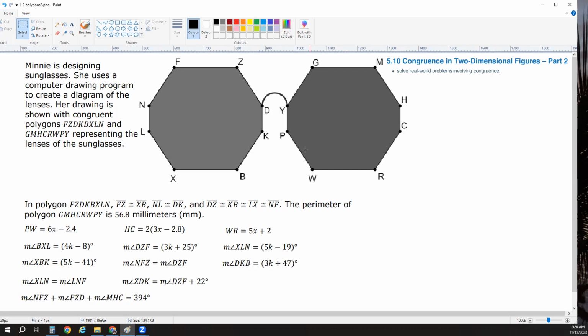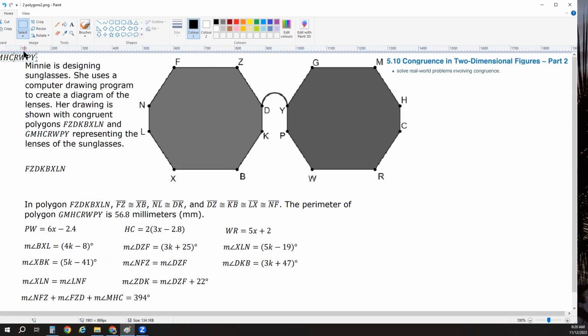The first thing is looking at it as a whole. We pull out these two polygons, and it says these are congruent polygons. So pull this one out, that is congruent to this. I'm going to stack them.